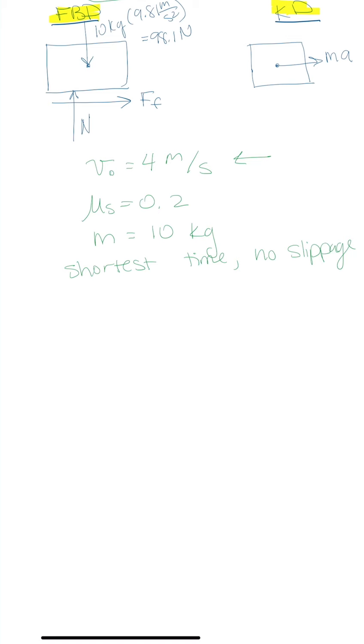So first we need to figure out, we drew our free body diagram, but we didn't figure out what that force of friction and what the N is. So we're just going to sum the forces in the y direction equal to 0. That'll give us N minus 98.1 newtons equals 0. So N equals 98.1 newtons.